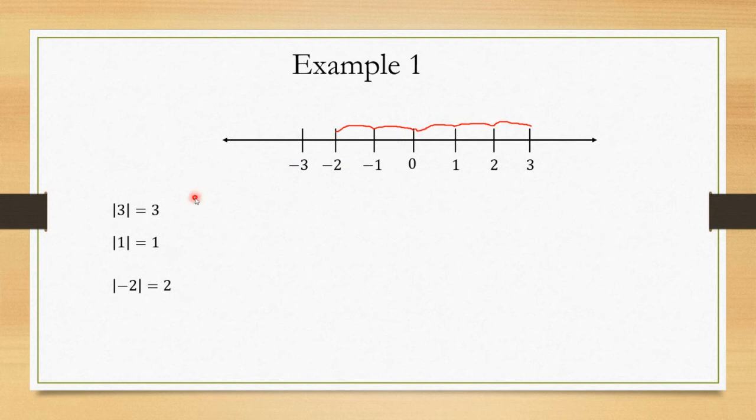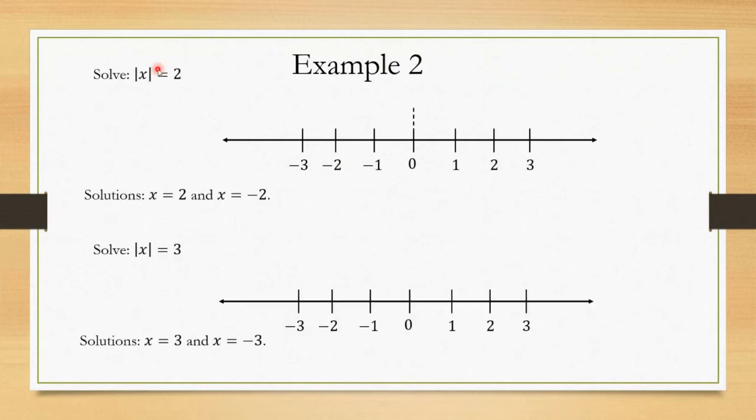The absolute value of 3 is 3, but the absolute value of -3 is also 3, because -3 is 3 units away from 0, just to the left of 0 instead of to the right. It's good to keep that in mind because now we're going to look at equations involving absolute value.